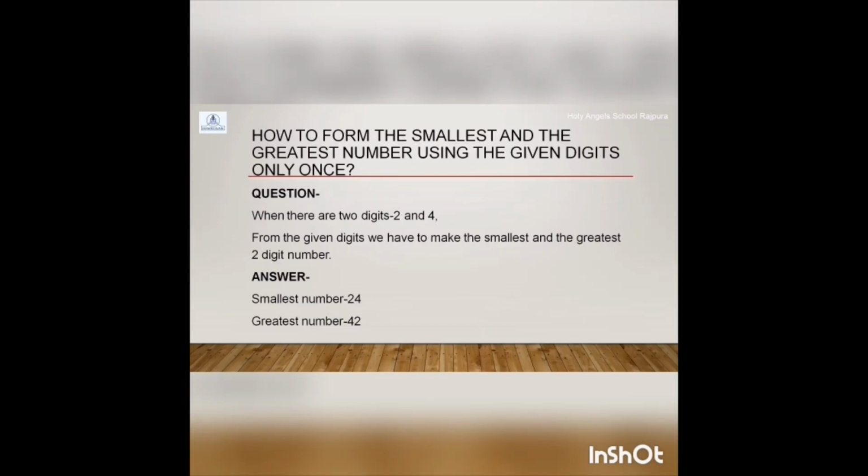While making the smallest number, we will write the digit 2 and then the digit 4. In the same way, while making the greatest number, we will write the digit 4 and then the digit 2. This way, we will make the greatest number 42. While writing numbers, we will not put a comma.